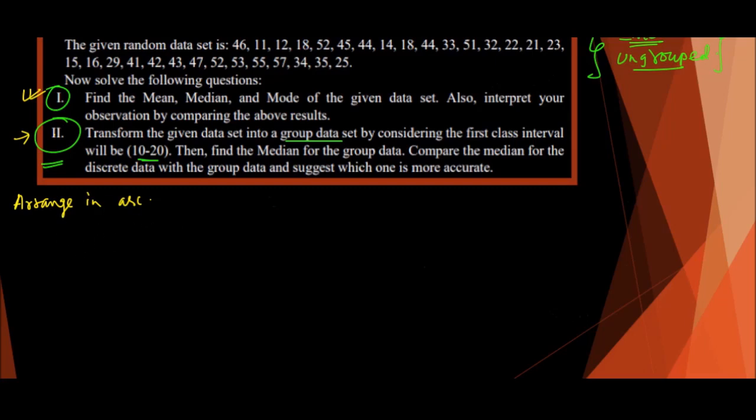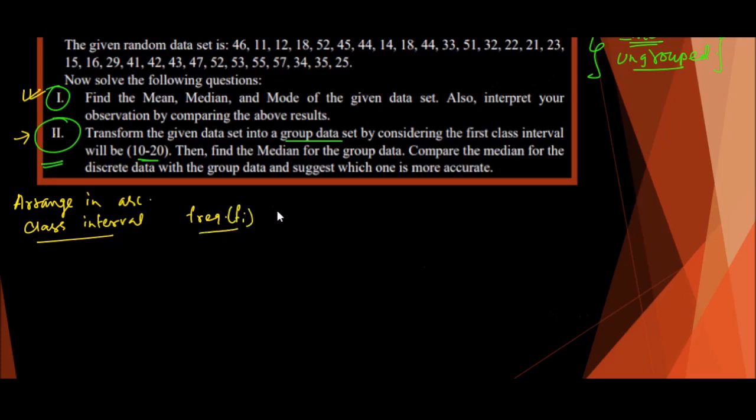Once you have sorted it, after that you need to create these classes. Here you have the class interval. Next you have the frequency, which is going to be fi.